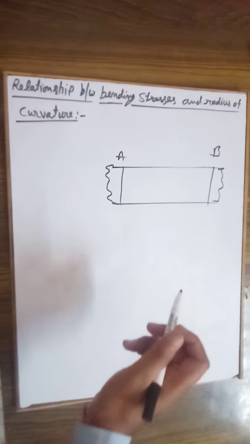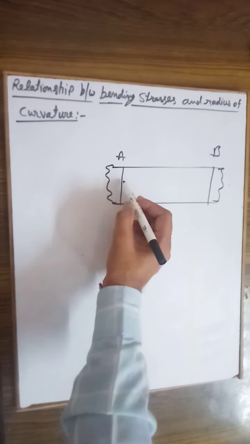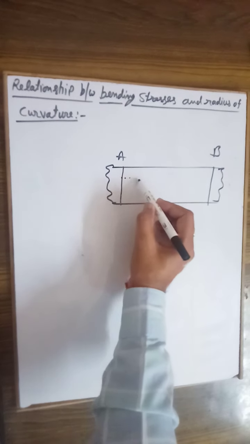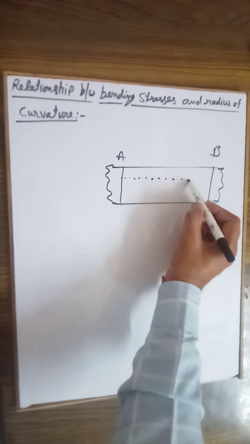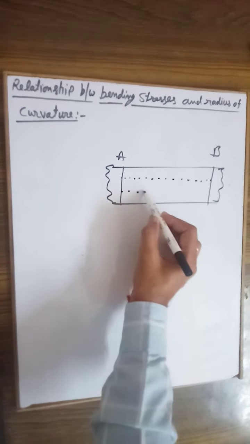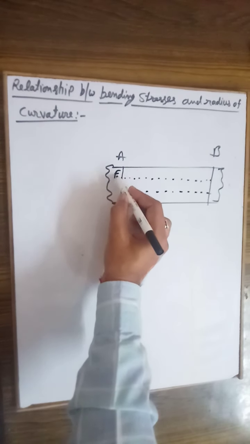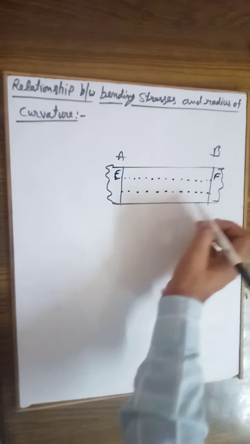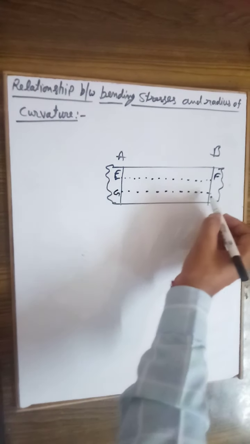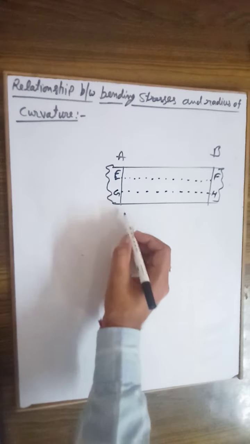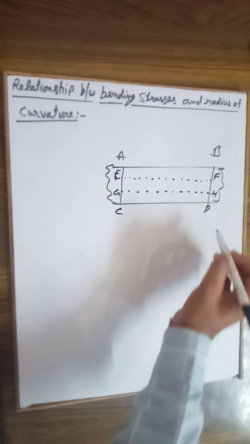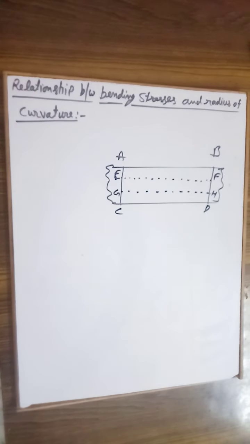So let this be our E, and this is F, this is G, H. This part we may consider as CD. Okay, so let EF be the neutral layer and CD the bottommost layer.